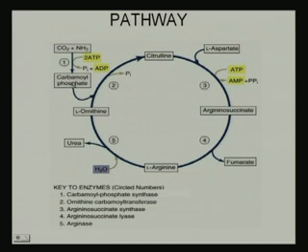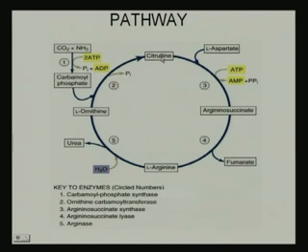This carbamyl phosphate, in the presence of ornithine, is converted to citrulline, and the enzyme playing a significant role is ornithine carbamyl transferase. So, here you see this is producing citrulline. Up to this point, the process goes on in the mitochondria of the cell.